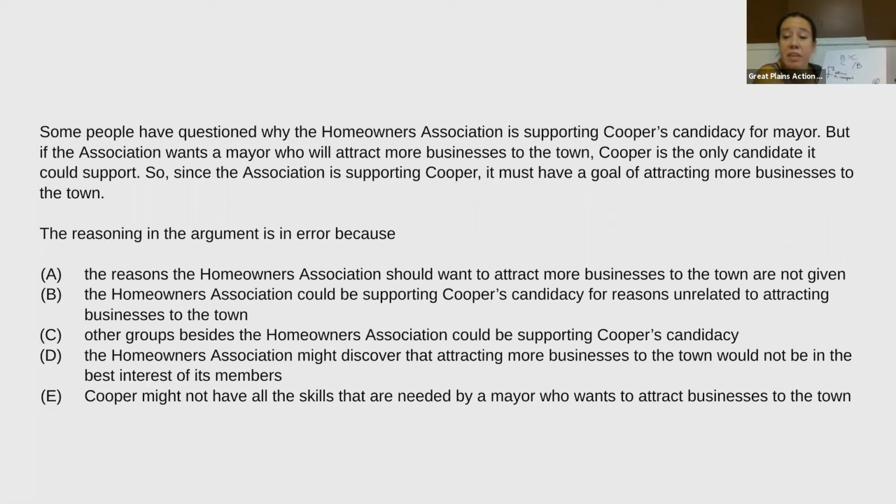Could happen, but doesn't have anything to do with the argument. E, Cooper might not have the skills that are needed by a mayor who wants to attract businesses to the town. Maybe, but not related to the structure of the parts. So the one that is right is B.